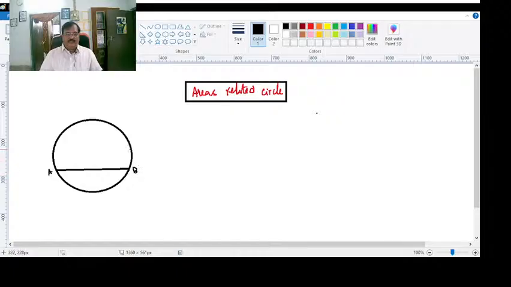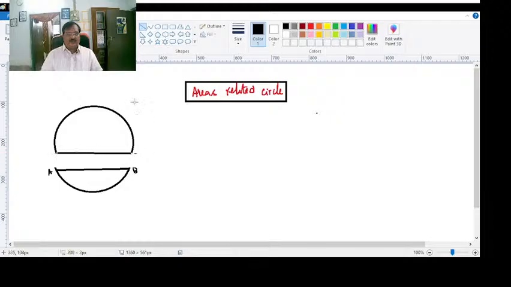AB is the chord. Now I am taking the cutting tool and I am just cutting like this. So this is one more way of cutting the circle. First way is arc, second way is sector, and the third way is that along with the chord, we have divided the circle.